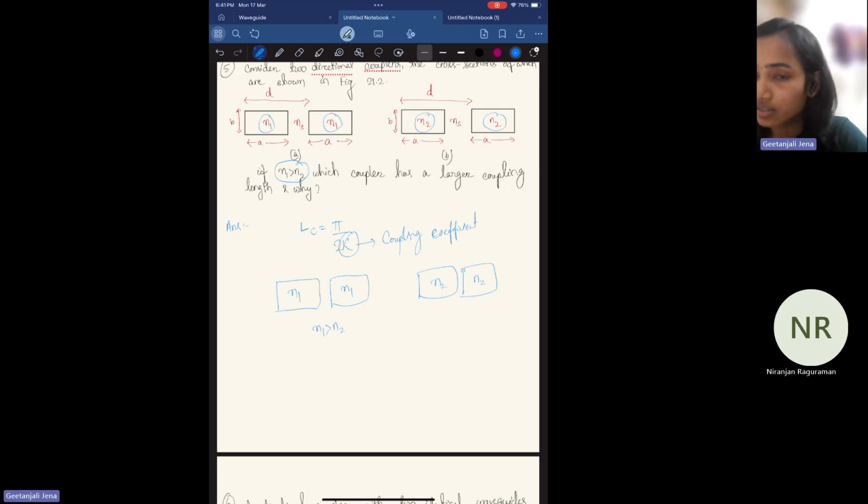So let me see what concept you have used for finding that N1 will have smaller LC. So the answer is just opposite to what you say. N1 will have larger LC than N2.